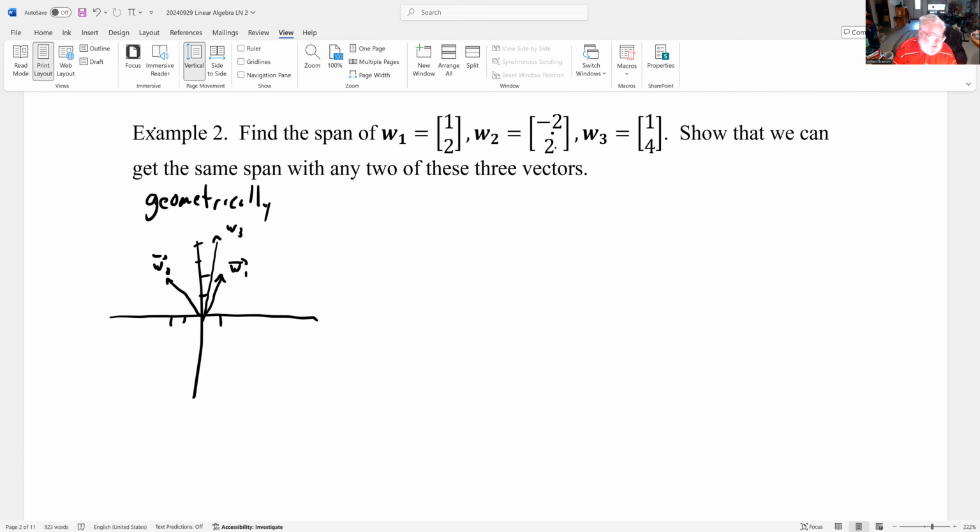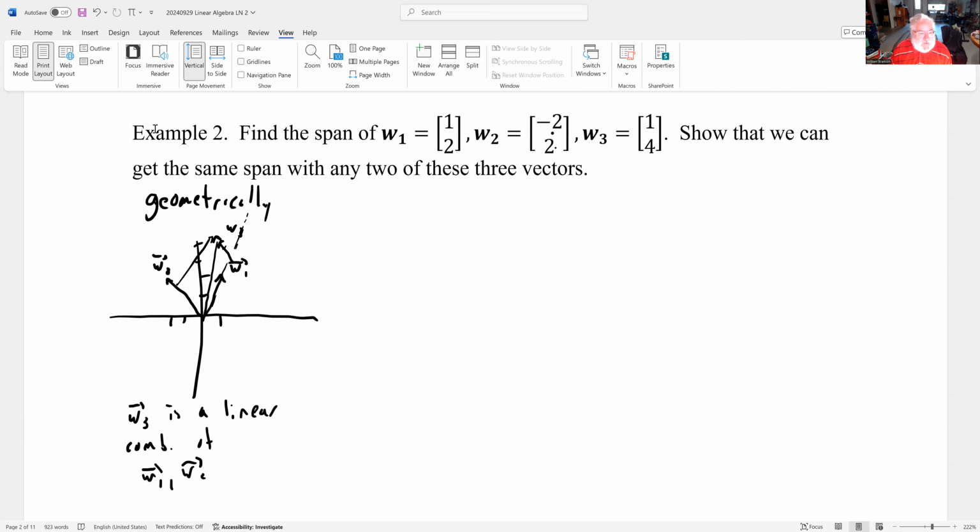So you can see that W3, for example, you should be able to add W1, go along this line a little bit, and then add something parallel to W2 to get W3. So W3 is a linear combination of W2 and W1.